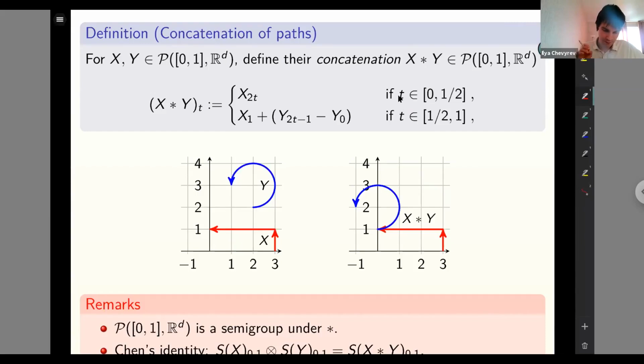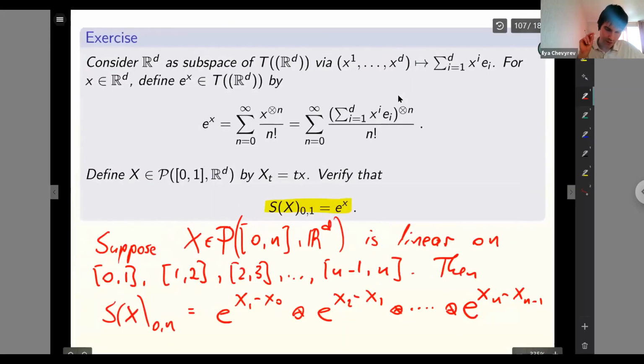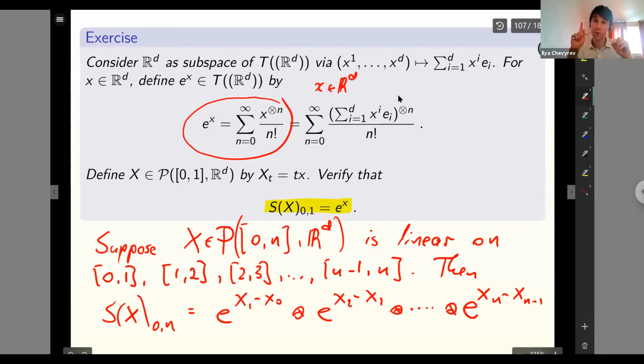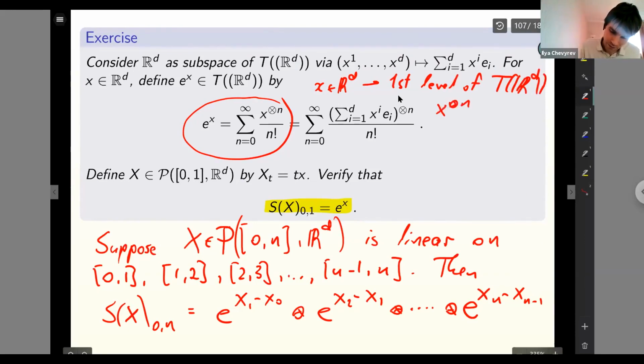Notice that if we look at one of these infinite sums, because x essentially belongs to R^d, which is the first level of this vector space T(R^d), then x to the power of n lives in the nth level.